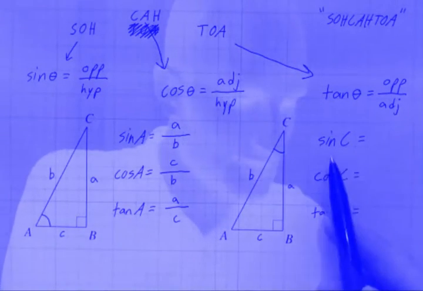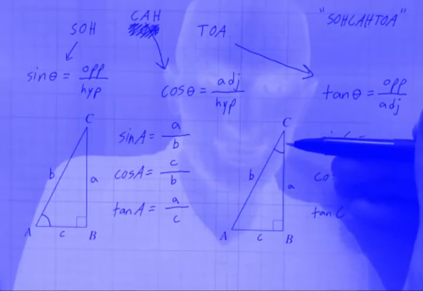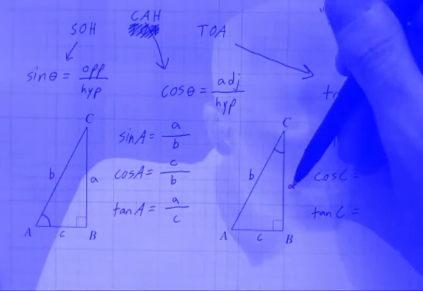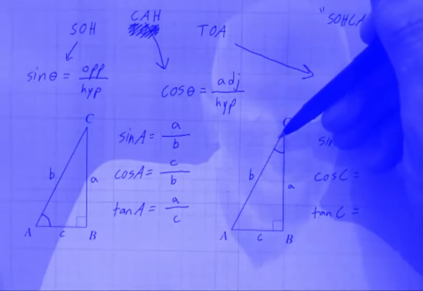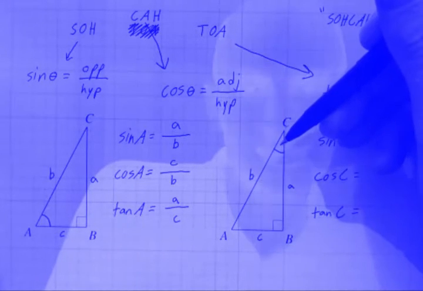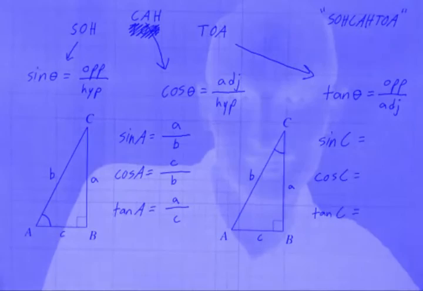So sine is opposite over hypotenuse. Now in this case, what is opposite C? What is not touching this angle? Well, this little a is touching angle C, and this side, little b, the hypotenuse, is touching the angle C. So the only side that's not touching C is little c.